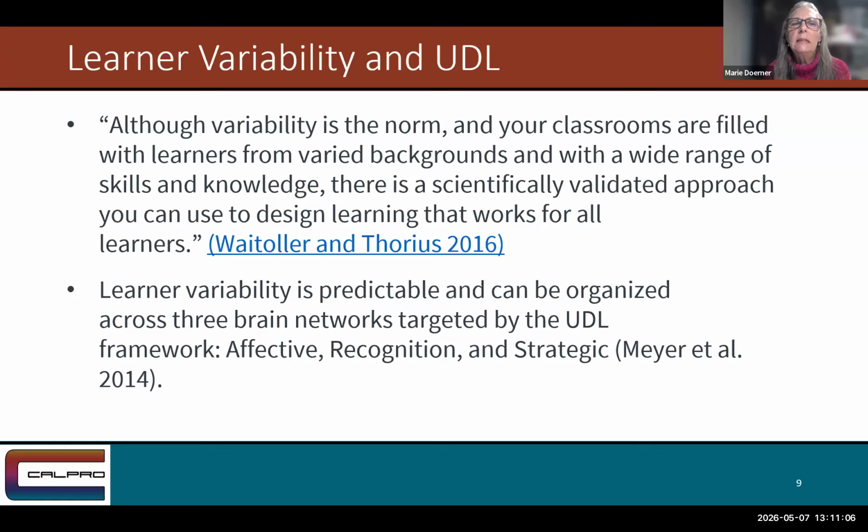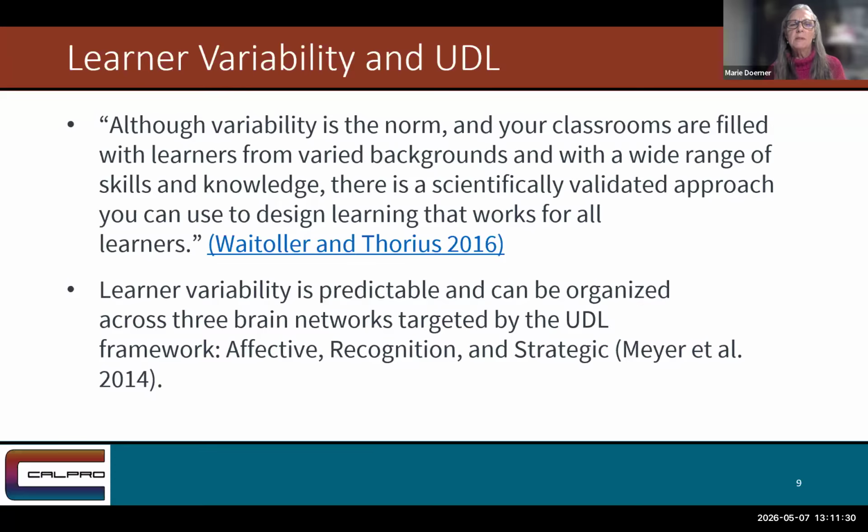Although variability is the norm, and in adult ed, variability is absolutely the norm, and your classrooms are filled with learners from varied backgrounds and a wide range of skills and knowledge, there are scientifically validated approaches that you can use that work for all learners. And that's what we're presenting today.